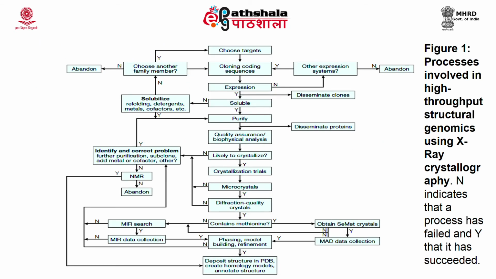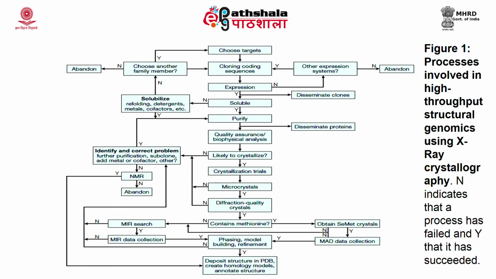This flowchart represents the processes that are involved in high throughput structural genomics using X-ray crystallography. So, N over here indicates that the process has failed and Y represents that the process has succeeded.